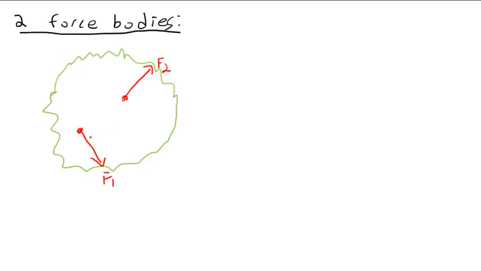So we have 2 forces that are just arbitrary forces on this body. This body is called a 2-force body simply because it has 2 and only 2 forces on it. Realize this object doesn't even have self-weight. It's an idealized object. There are only 2 point forces acting on it and nothing else.